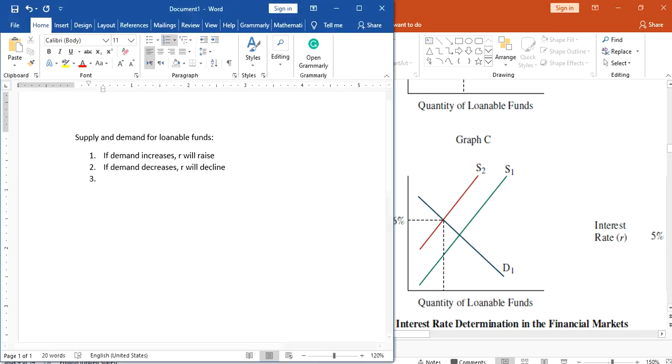So if supply increases, R declines. If supply decreases, R will rise.